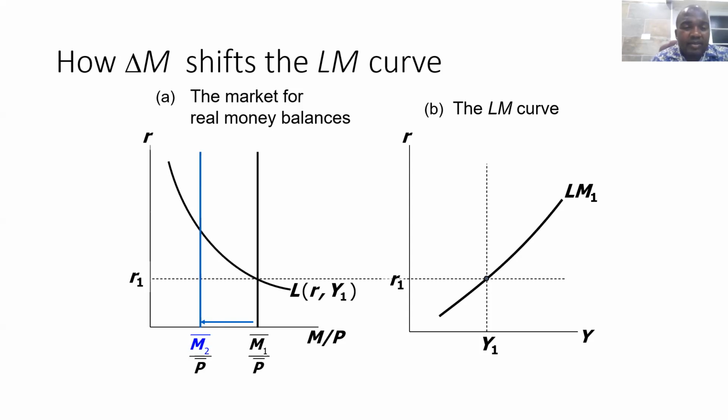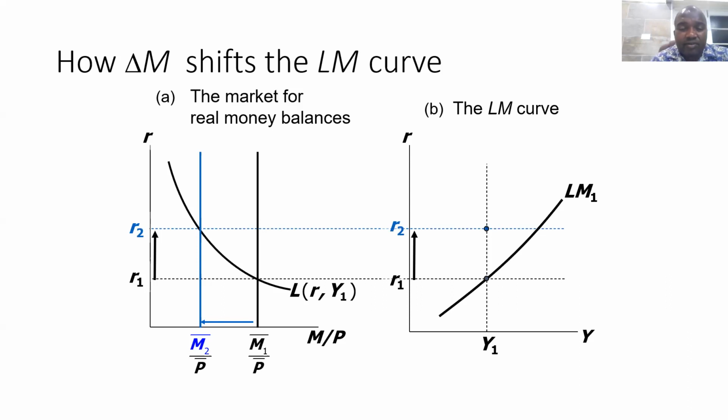And then we say let money supply decrease to M2 over P, which is associated with a higher interest rate.